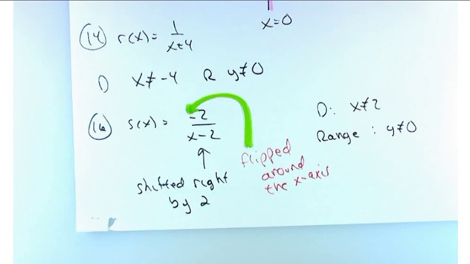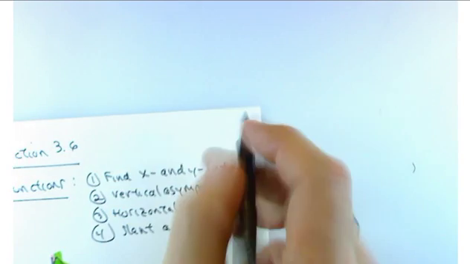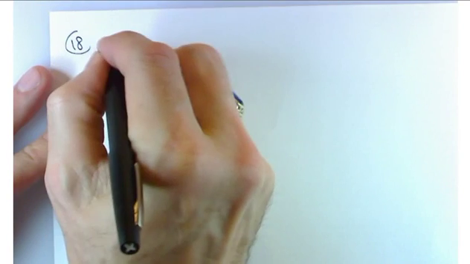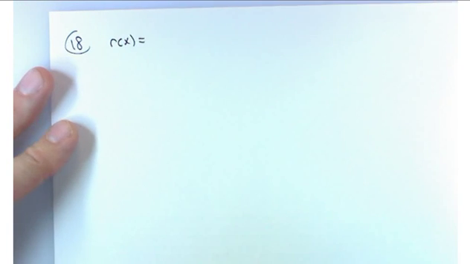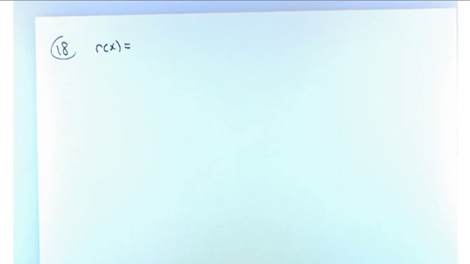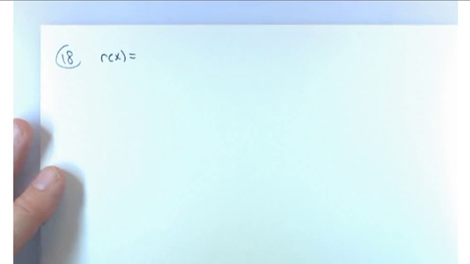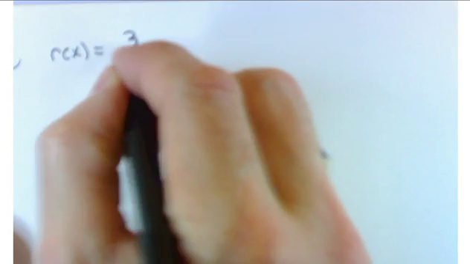Let's try problem number 18. So r of x is 3x minus 3 over x plus 2.